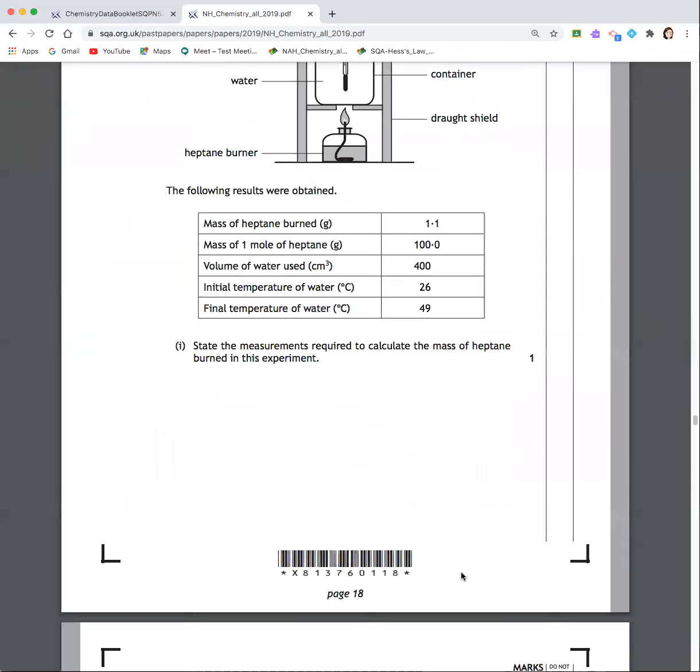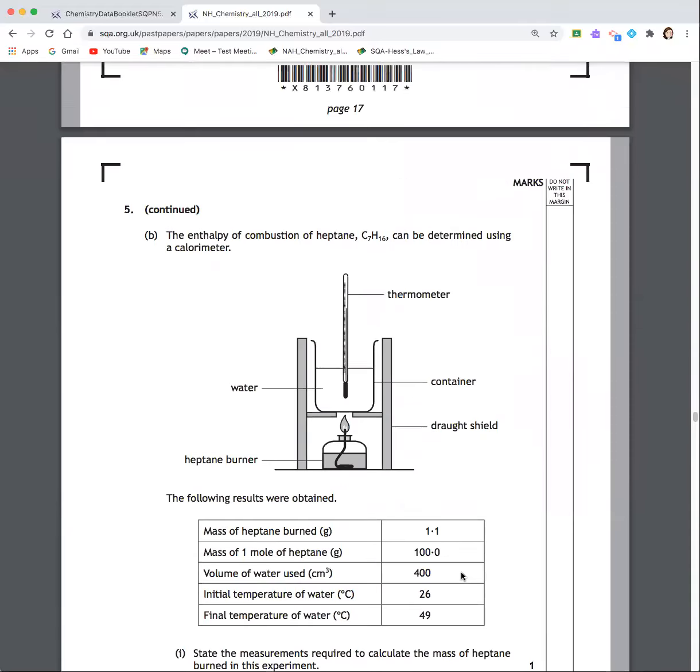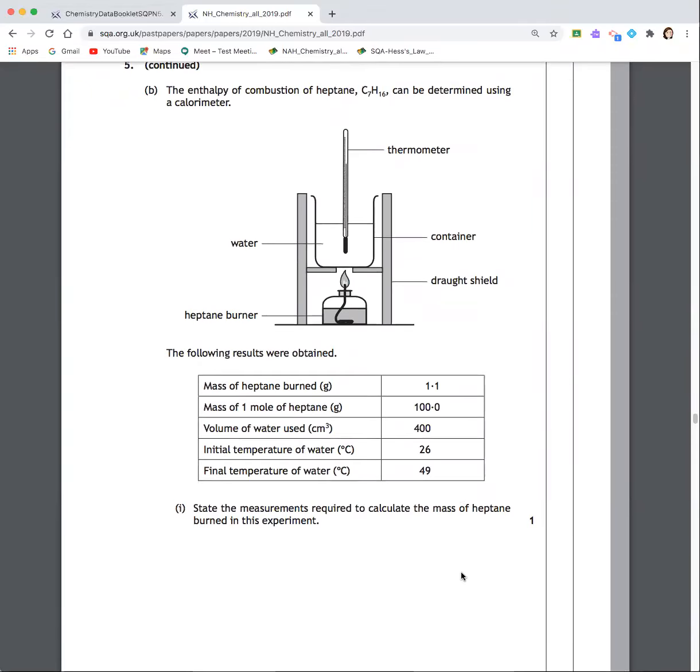Then part 2, calculate the enthalpy of combustion in kilojoules per mole for heptane using the experimental results given. So we need to use Eh equals c m delta T first. I'm just going to write my working on this screen because it's easier to see.